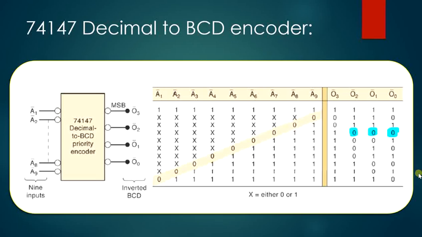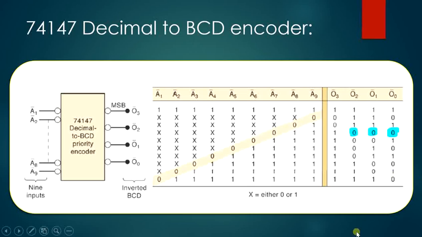Basically a decimal to BCD encoder will produce the output code depending on which of its 9 input lines are active. You can see you have inputs from A1 to A9. Depending on which of the input lines are active, you obtain the output. Specifically, the 74147 is a decimal to BCD encoder with both the inputs and the outputs active low.